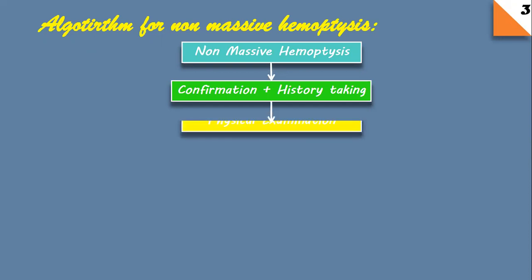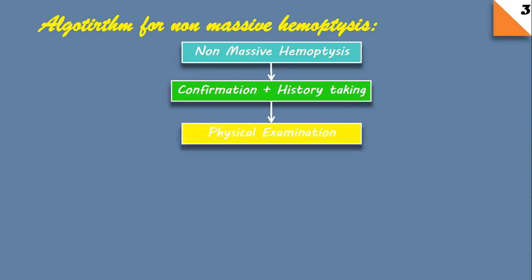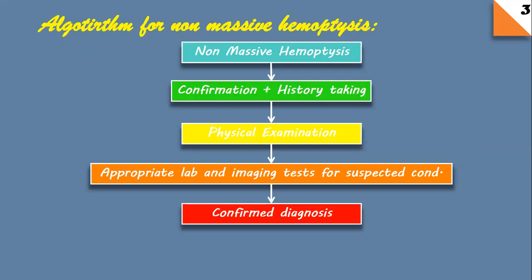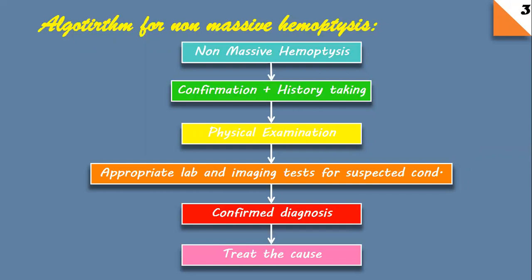And after taking history, we'll start with physical examination, and then once we have our differential diagnosis list, we do appropriate lab and imaging tests for the suspected condition or for the differential diagnosis so as to confirm a single diagnosis. And after that, we have a confirmed diagnosis, then we treat the cause. So that is an algorithm for non-massive hemoptysis.